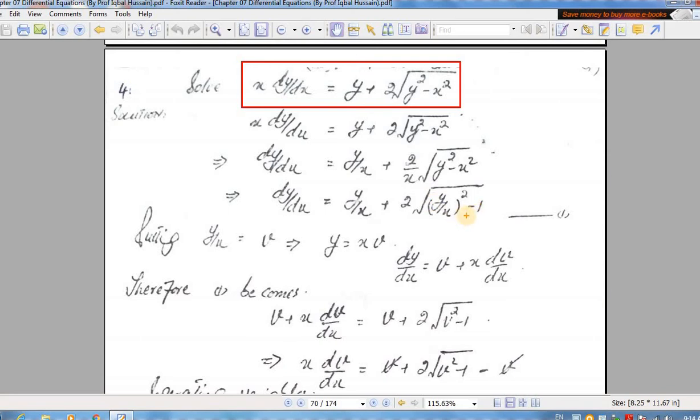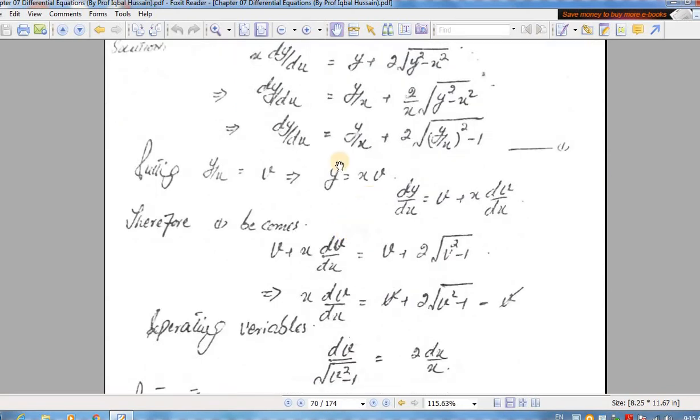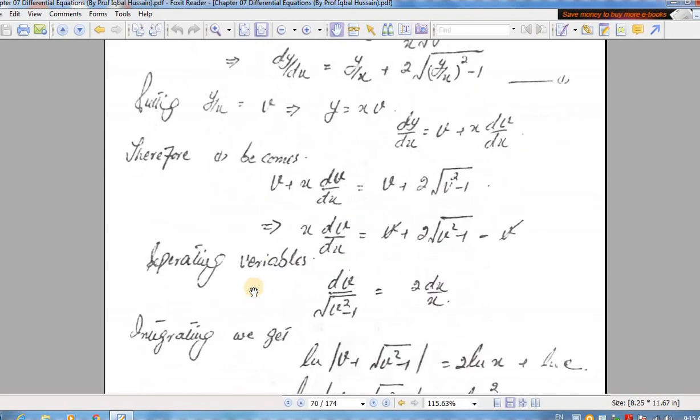Now the given differential equation has been expressed in terms of y over x, so this equation is homogeneous. Proceeding as usual, we will replace y over x by v and dy by dx by v plus x dv by dx, putting the values.